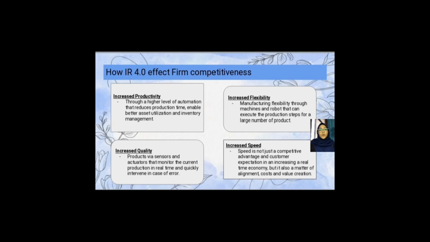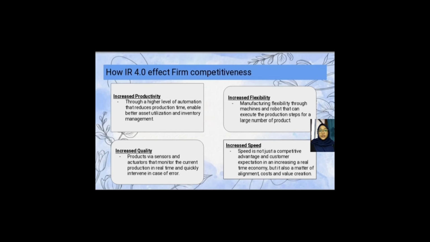Manufacturing flexibility comes through machines and robots that can execute the production steps for a large number of products. Thirdly is increased quality, through sensors and actuators that monitor the current production in real time and quickly intervene in case of error. Increased speed.